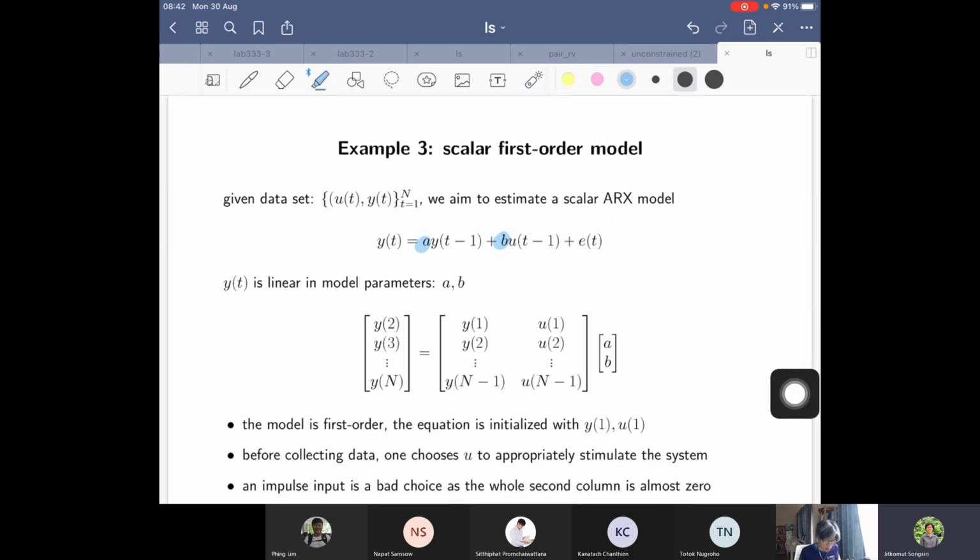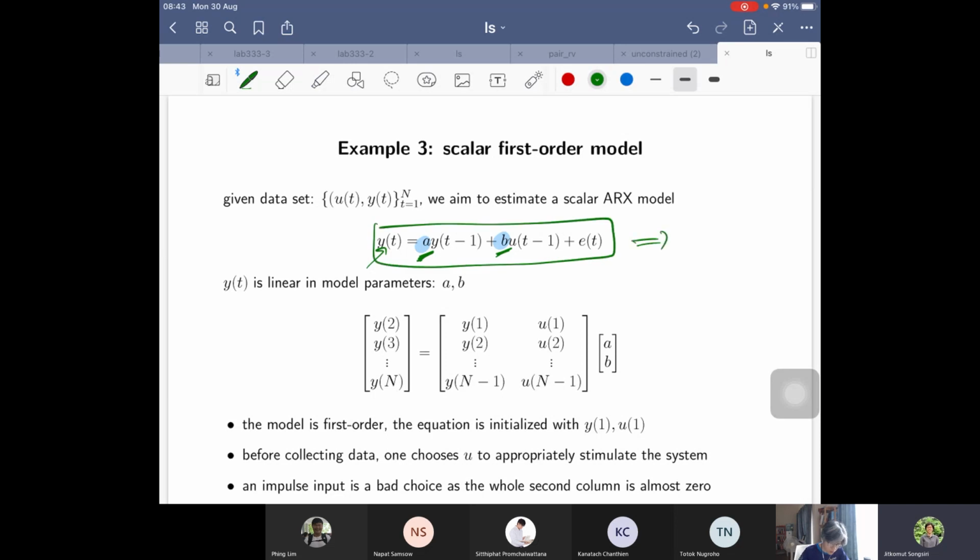Here again, you recognize that your output y is parameterized linearly in the model parameters A and B. Then you recognize that it can be formed using a linear least squares. So the whole point is again to formulate into a vector form, y equals x beta.